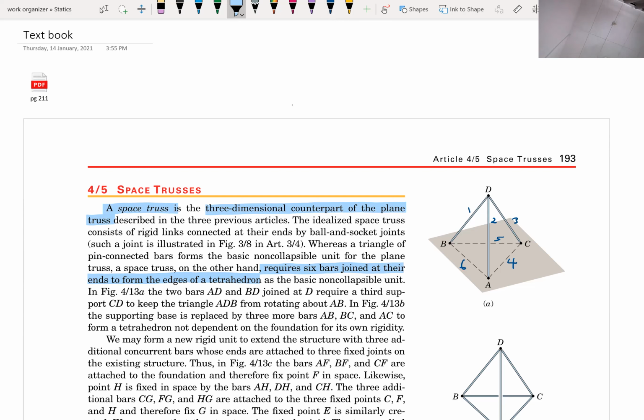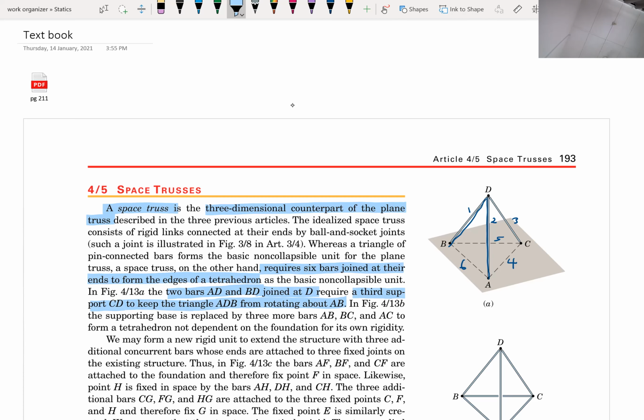And then we can see that 2 bars, AD and BD, join at D. So they need a third support CD to keep the triangle ADB from rotating about AB.